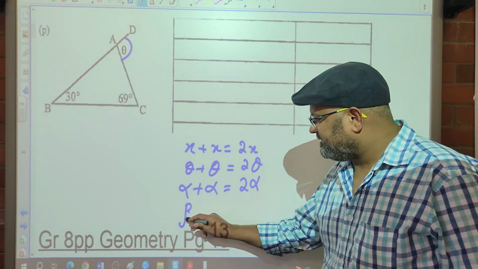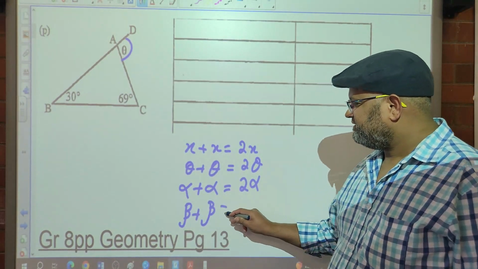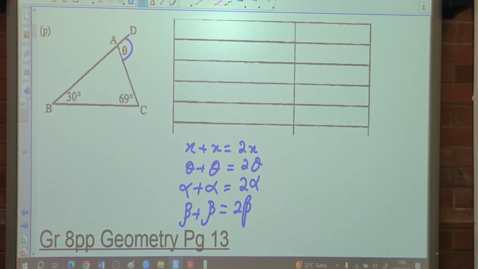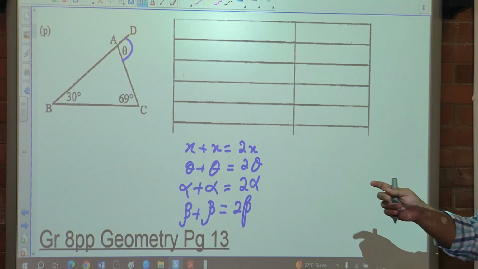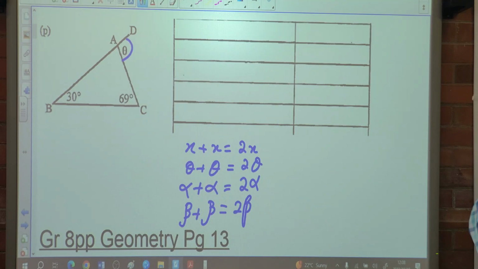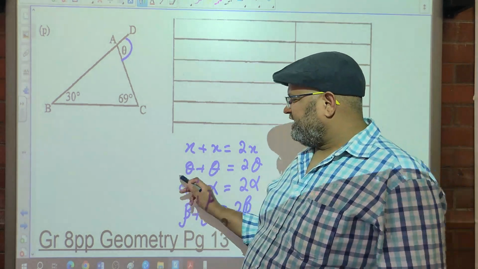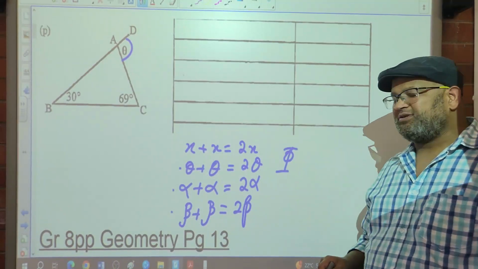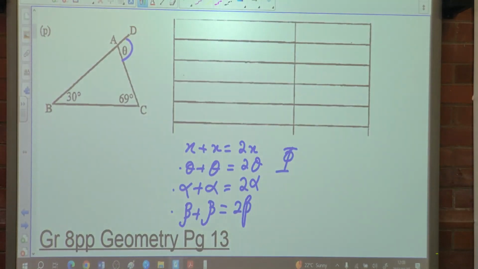What is beta plus beta? The same. As we use variables x, y, z, a, b, c, we treat the Greek letters as unknown letters as well, or symbols, whatever. Whenever we see alpha, beta, theta, omega, these symbols normally refer to angles.